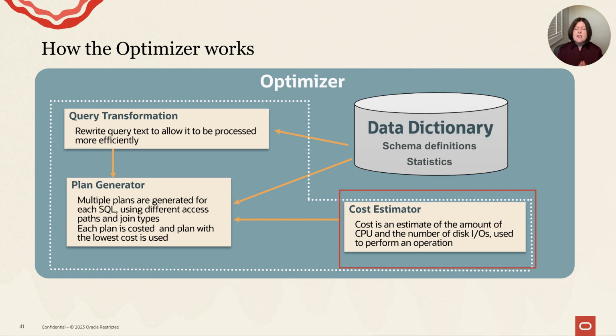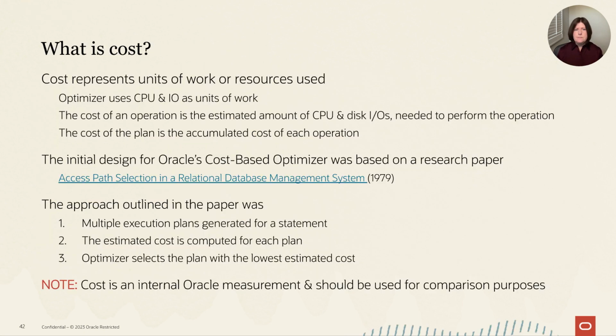Let's move on now and look at the last part of the optimizer, the cost estimate. So the cost is going to represent the unit of work or the resources needed to execute each of the operations in that plan. And the optimizer defines that cost or that unit of work using both CPU and disk IO. So how much CPU or disk IO is needed to execute this particular step in the plan.